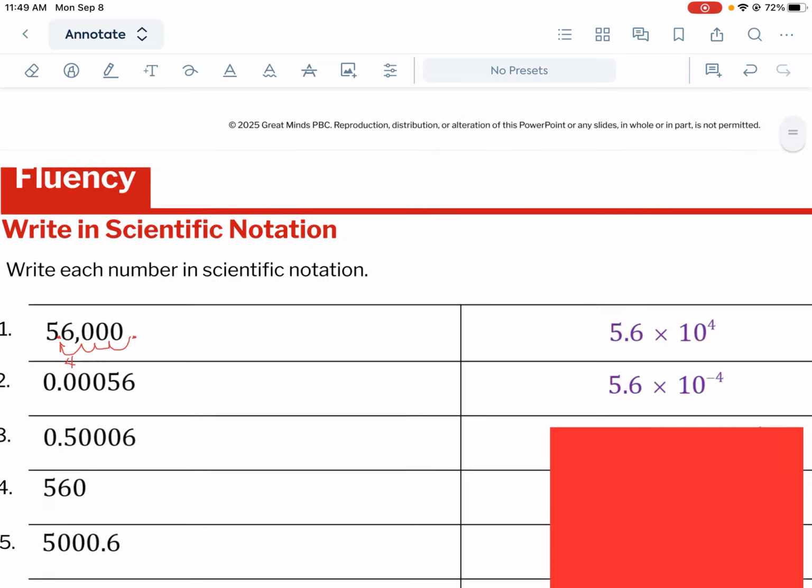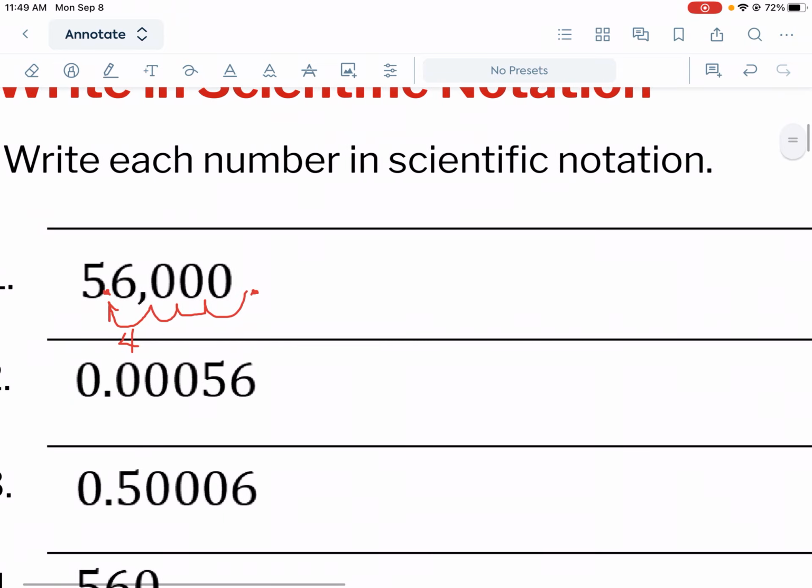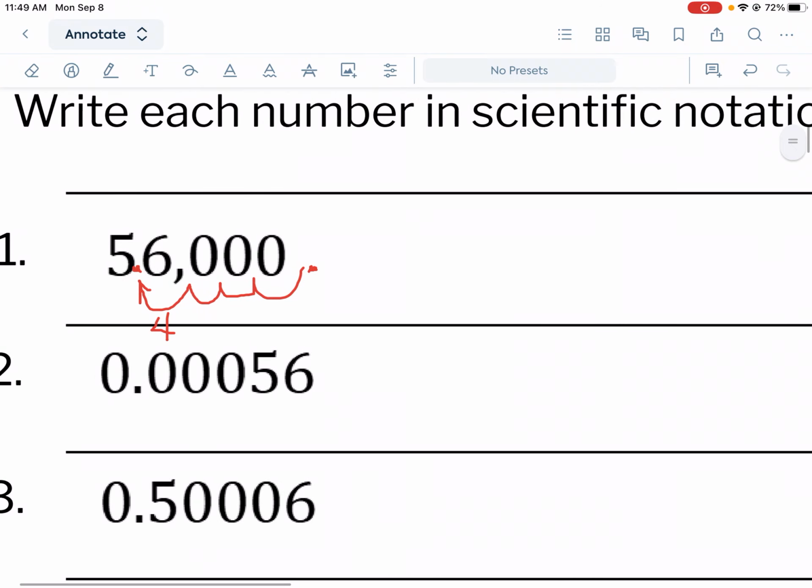For number 2, once again, we just practiced this in lesson 11, making small decimal numbers and turning it into scientific notation. From our decimal point, we're going to move to the right. 1, 2, 3, 4. That's our new decimal space right there.